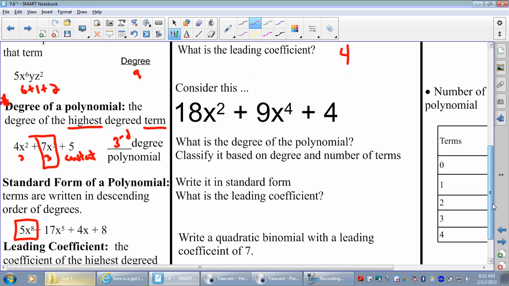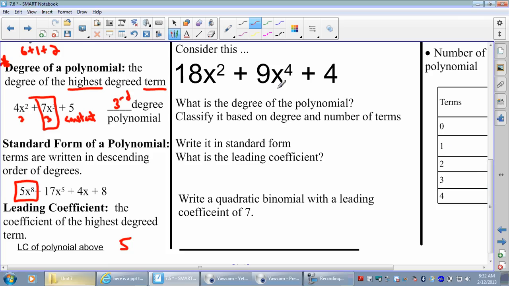Now, consider this one. What is the degree of this polynomial? Well, this term has a degree 2. This term has a degree 4, and this term has a degree 0. So the polynomial degree is determined by the largest of these. So it's 4. Now classify it.